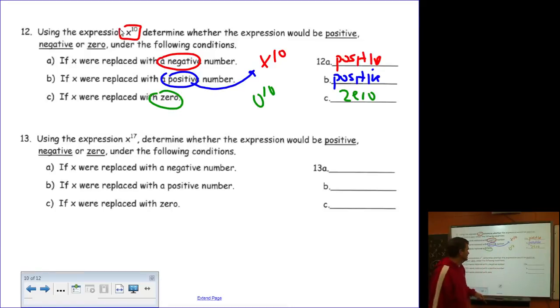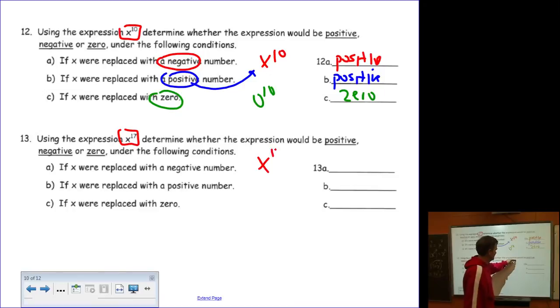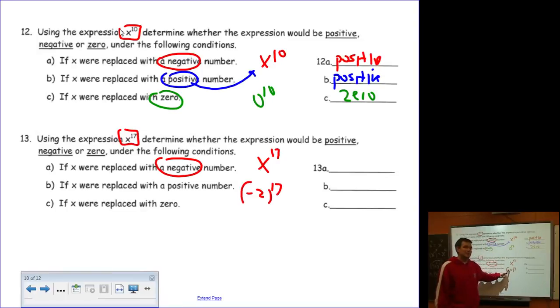As opposed to this next one, which has an odd exponent, x to the 17th. So I am multiplying x 17 times. And when you put a negative number in for x, a negative number multiplied an odd number of times is going to leave one negative out, making the whole thing negative.